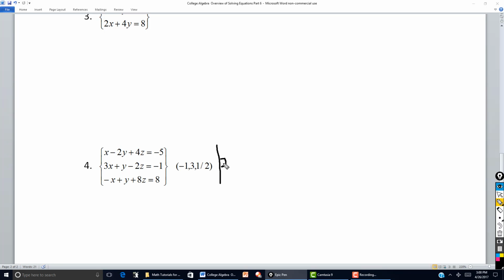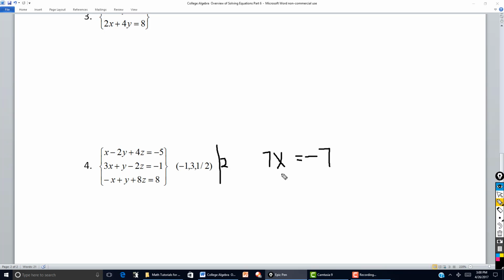So again, just mentally, 2 times 3x is 6x, and then 2y, then multiplying the negative 2z by 2, I get minus 4z. So if I do that, I'm going to get, notice, 7x, because 6x and 1x, and then 2y and minus 2y cancel. A minus 4z and a 4z cancel. And then a 2 times a negative 1 is negative 2, and negative 5 is negative 7.